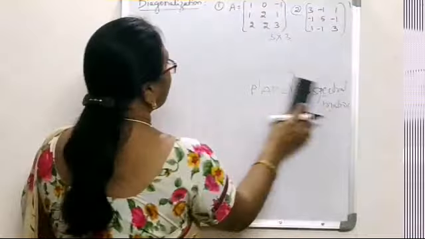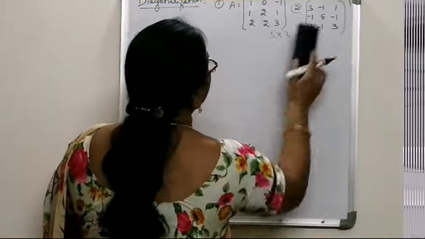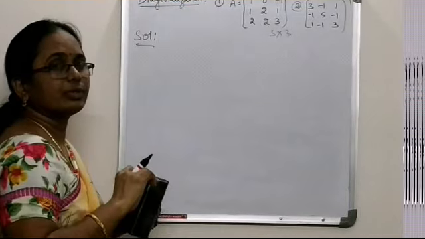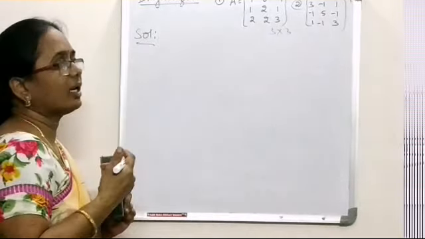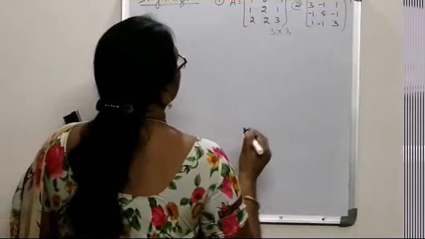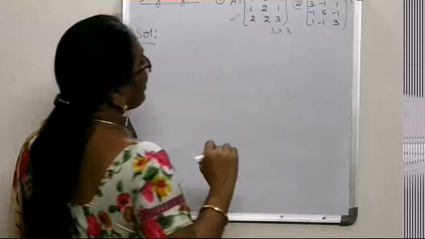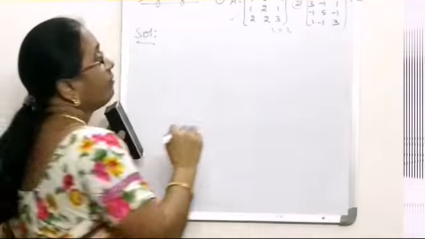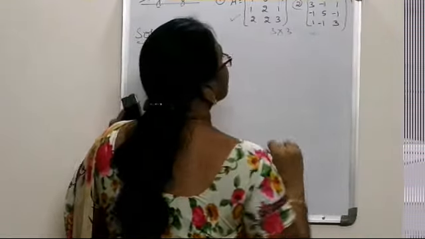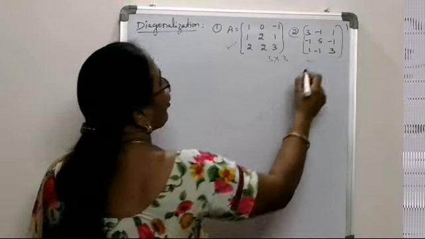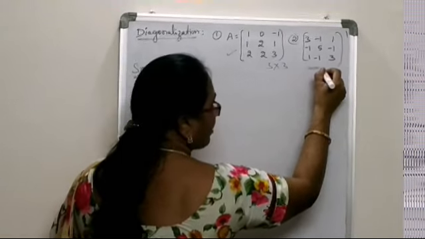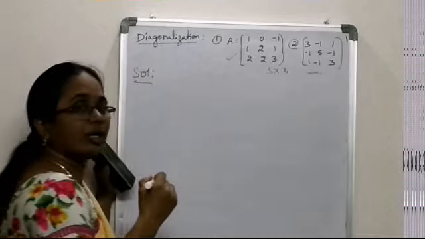Now let us transform the two given matrices to the corresponding diagonal matrices. Look at the first one. We can clearly see that the first matrix is not a symmetric matrix, whereas the second matrix is a symmetric matrix. Because the second matrix is a symmetric matrix, I am telling you an important point.